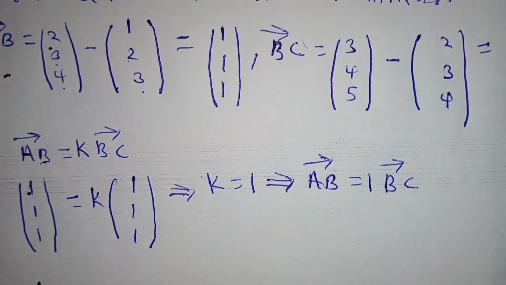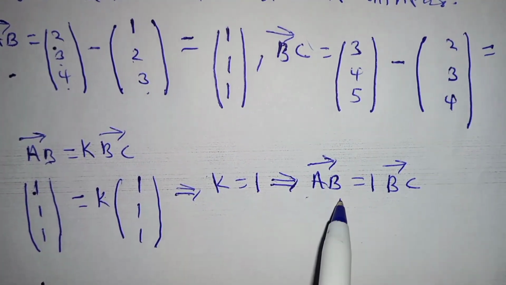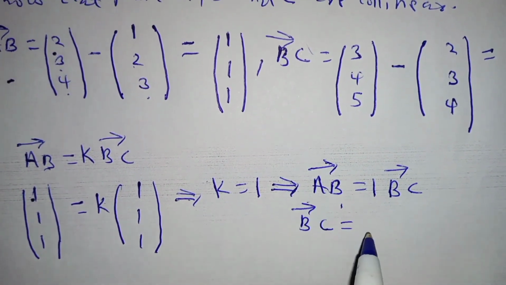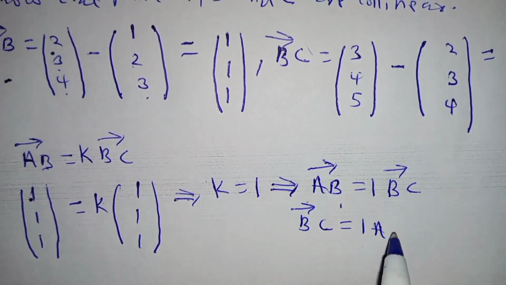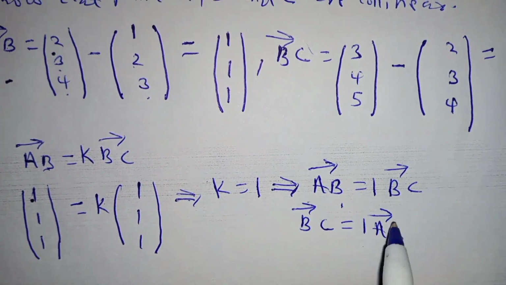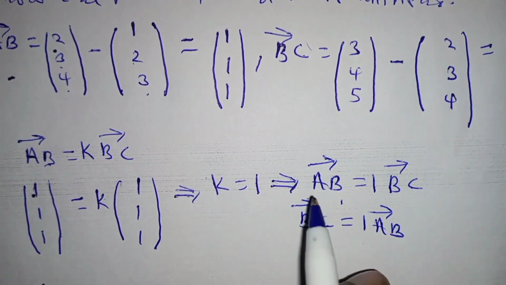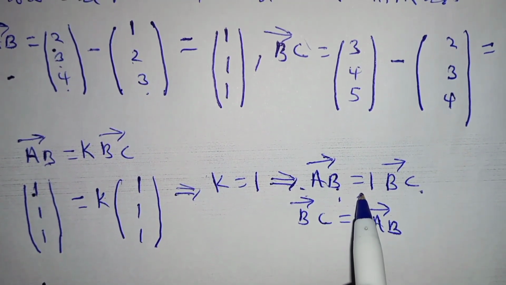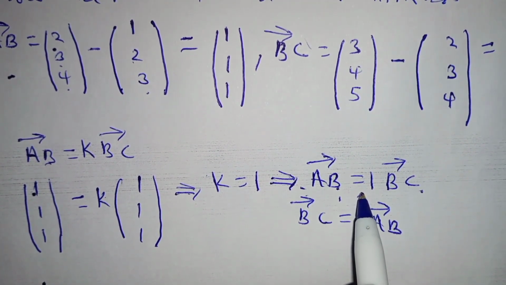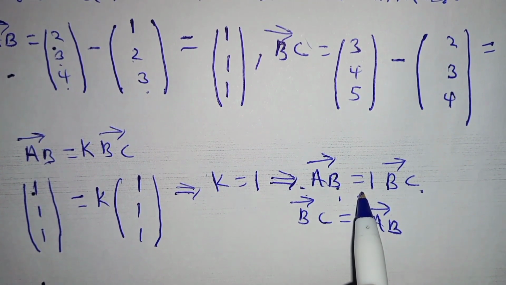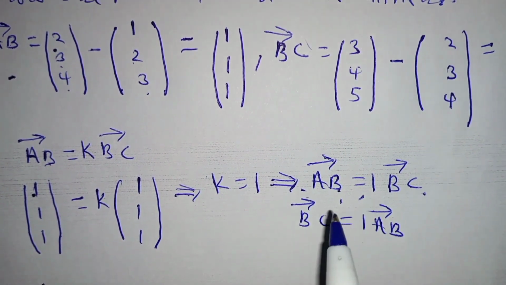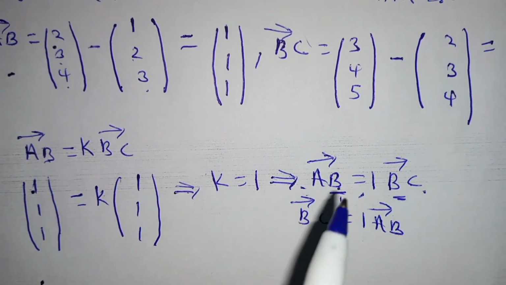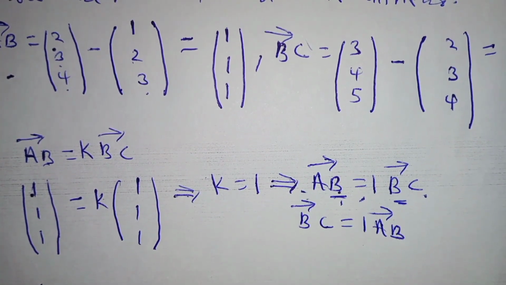So now since vector AB, or even you can write BC, is equal to 1 times AB, and since vectors AB and BC can be expressed as a scalar multiple of one another, and they share a common point, which is B, it means that our vectors are collinear.